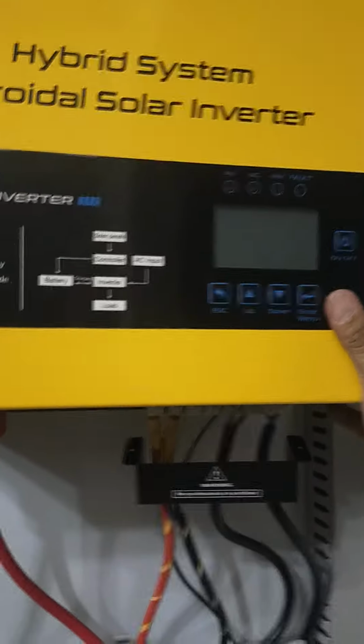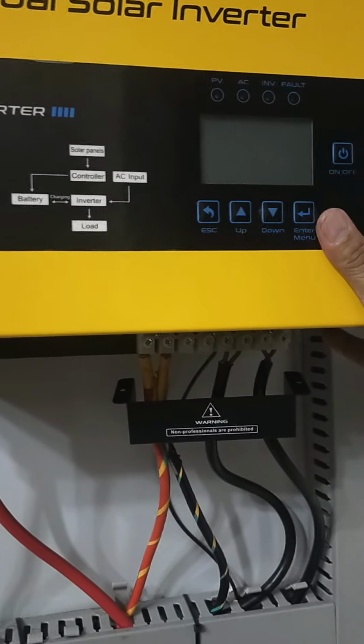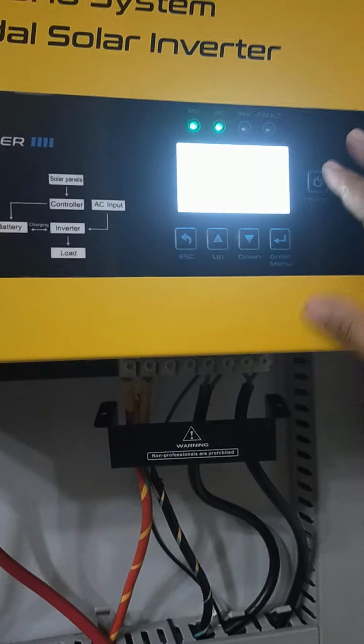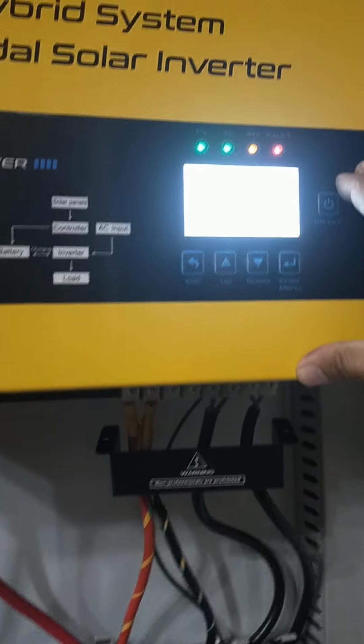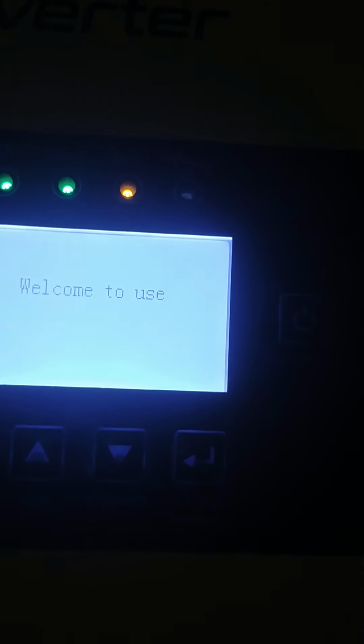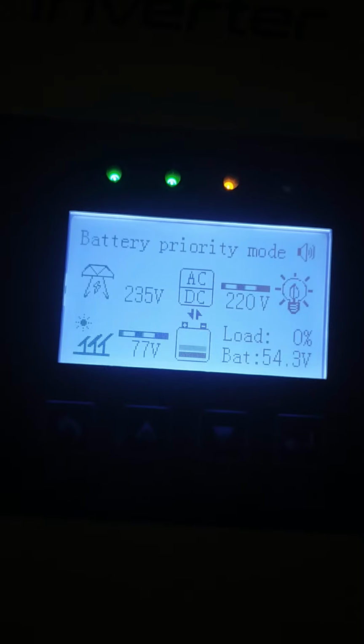Breaker. Okay. Inverter on. Alright. Pilot light green for the AC input and PB.